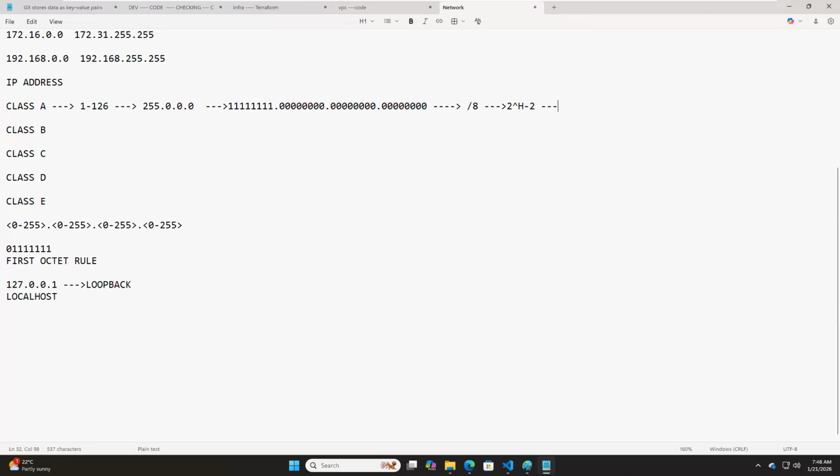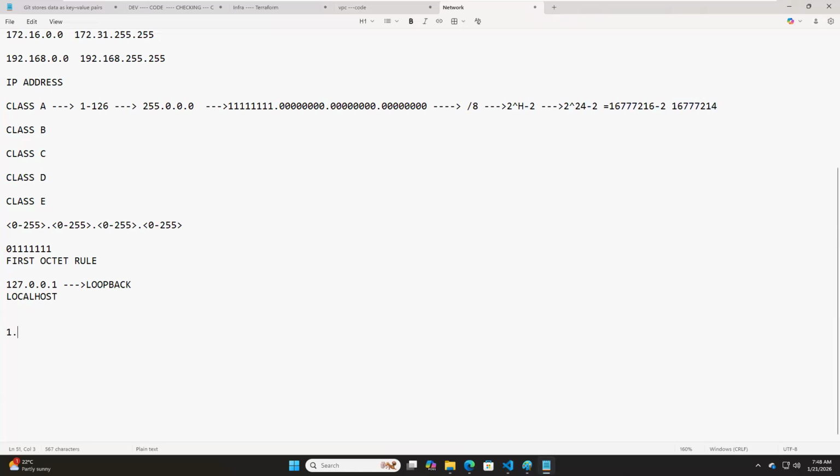So 2 power 24 minus 2. That is equal to 1,67,77,216 IPs minus 2, so you get 1,67,77,214 IPs. These many usable IPs will be there in any network.